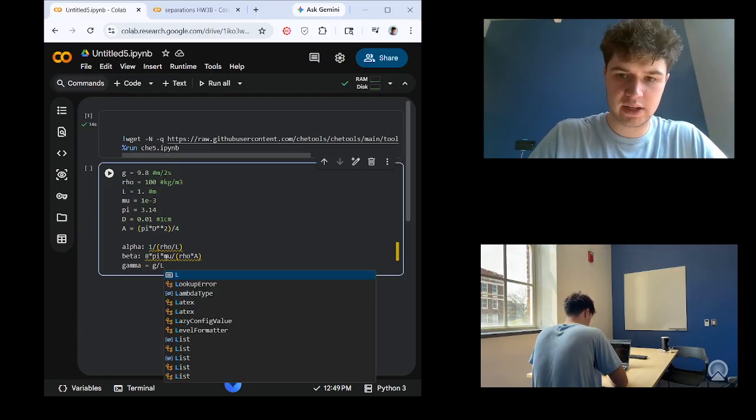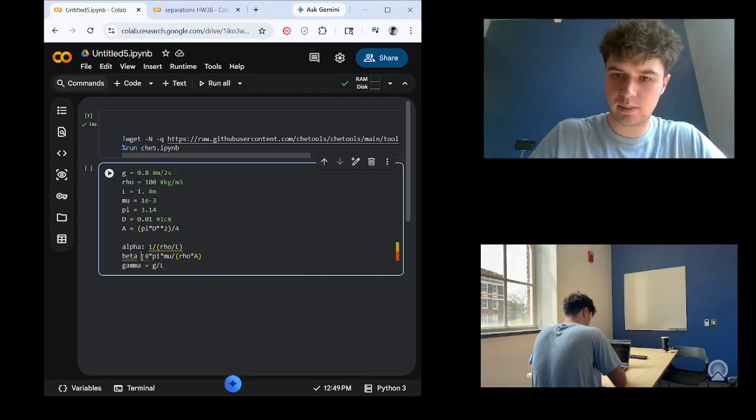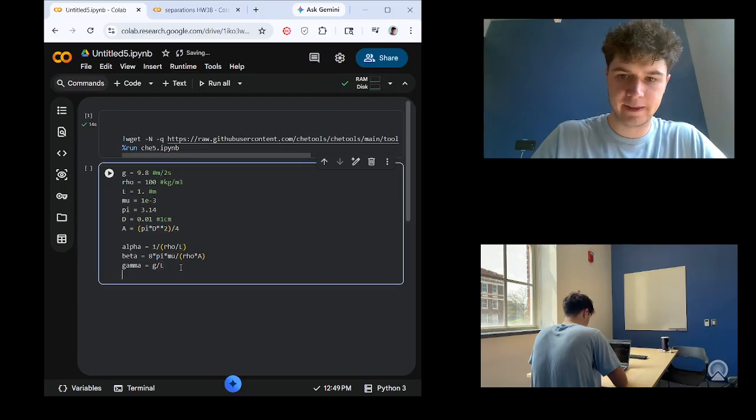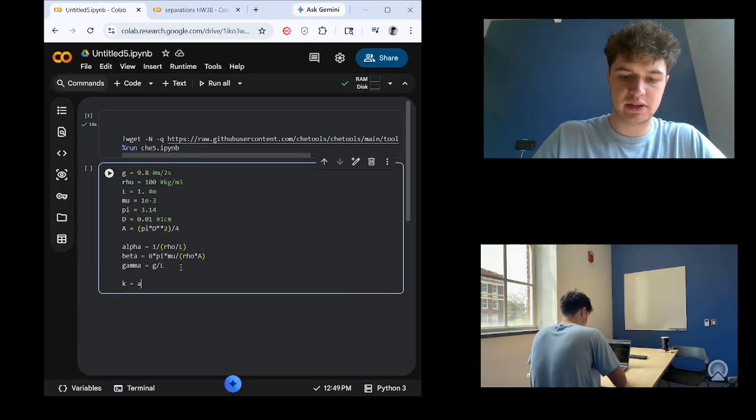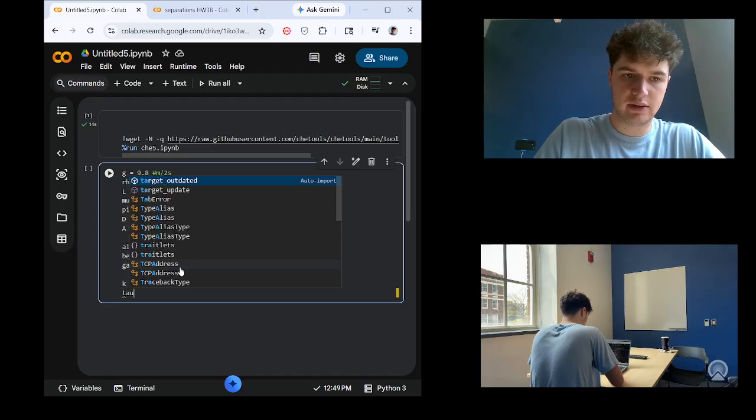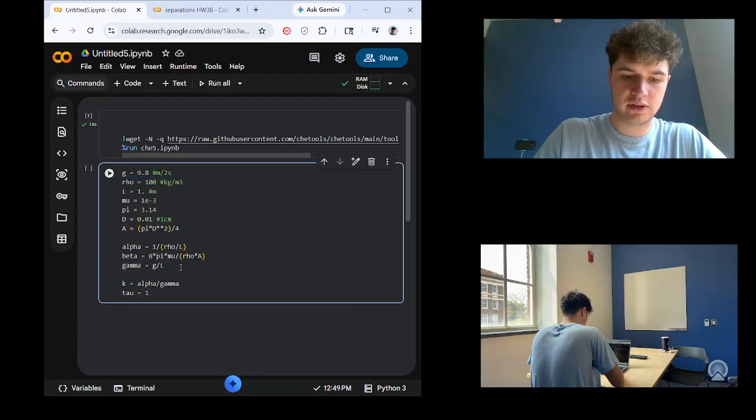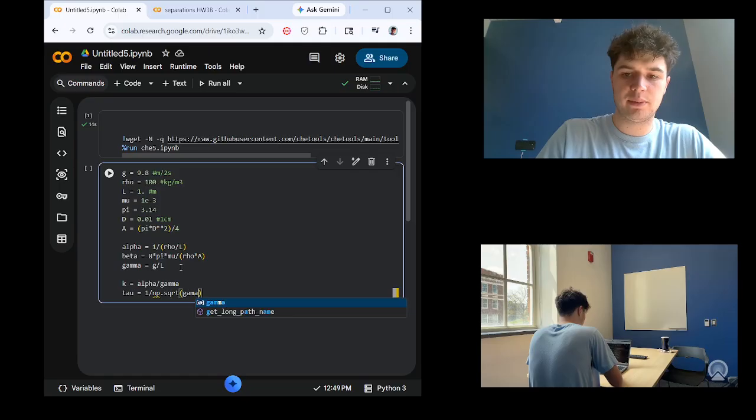I don't know why I did colons here. Man, my brain is just in a fog. Okay, there we go. And our K value, we're going to set equal to alpha divided by gamma. Tau is going to be equal to 1 divided by np dot square root of gamma.